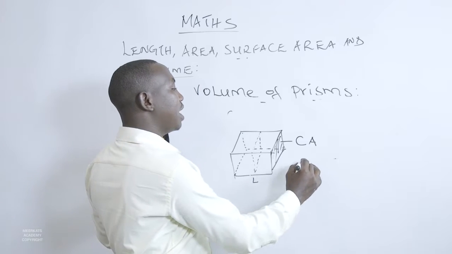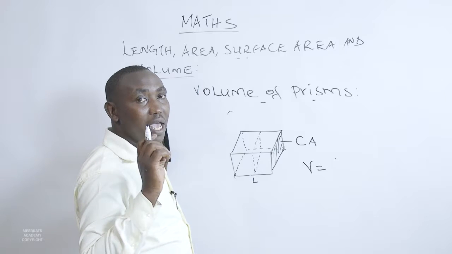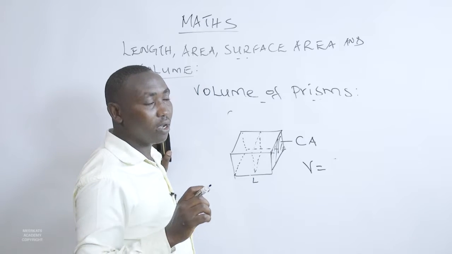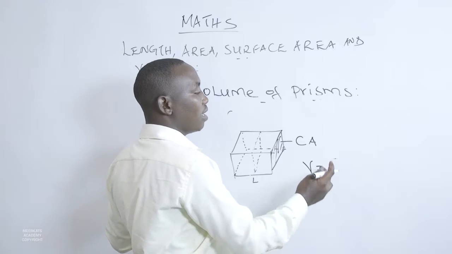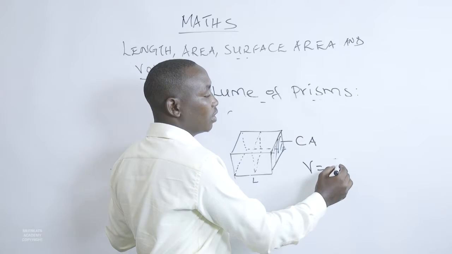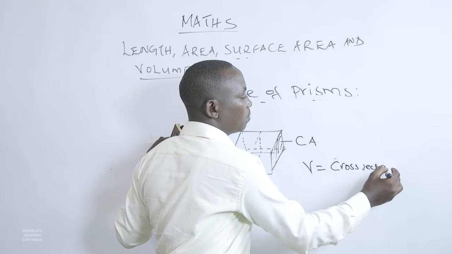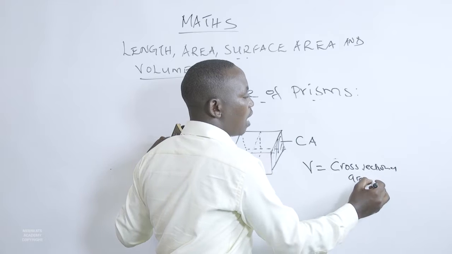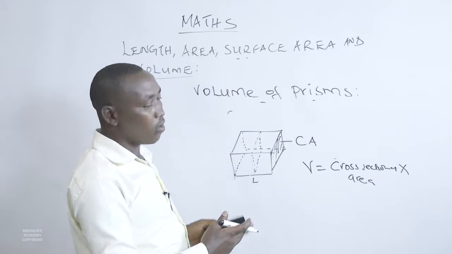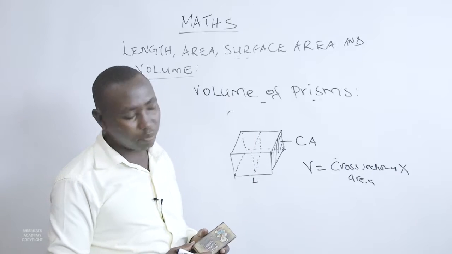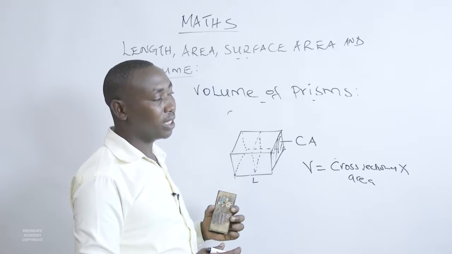Now, for you to be able to get the volume of a solid which has a uniform cross-section, or uniform cross-sectional area, you take the area of that cross-sectional area and multiply by either the length or the height of that particular solid.